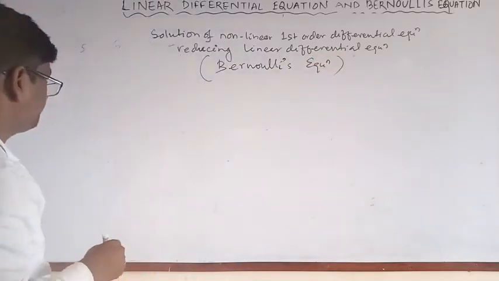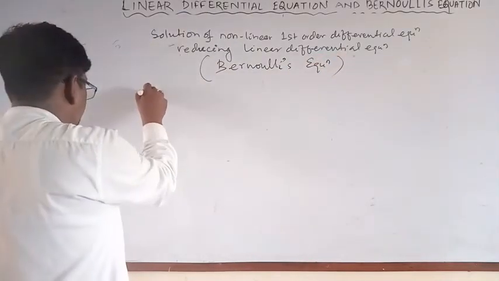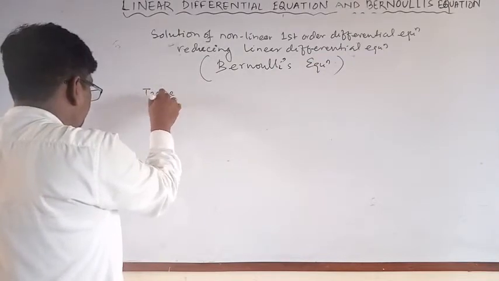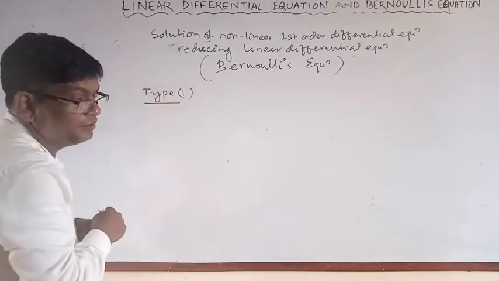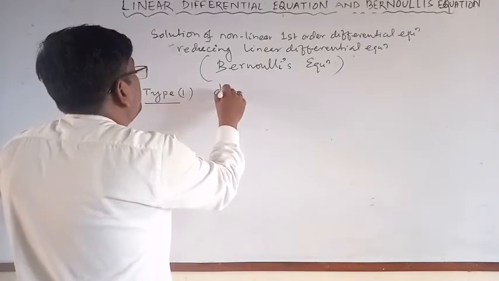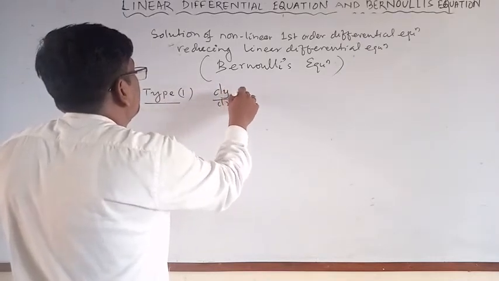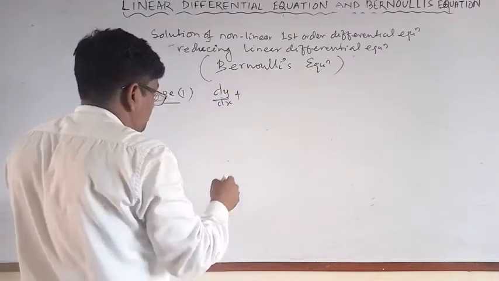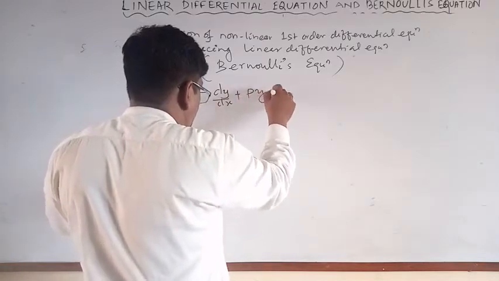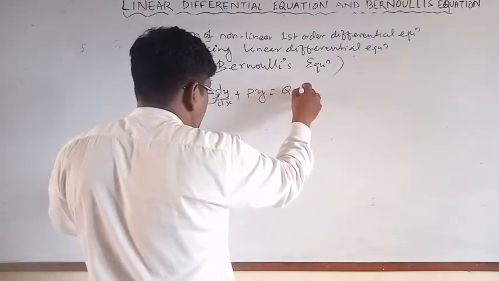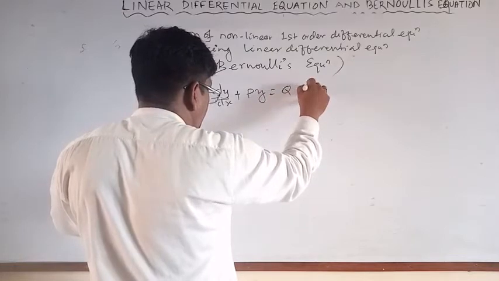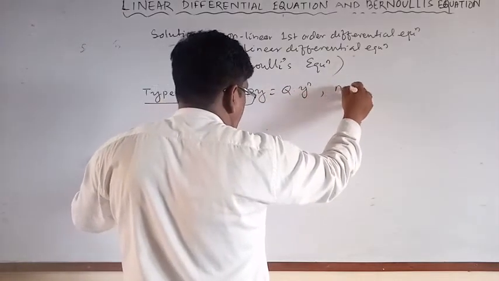Bernoulli's equation, that is type 1: dy by dx plus py is equal to q into y to the power n, where n not equal to 1.